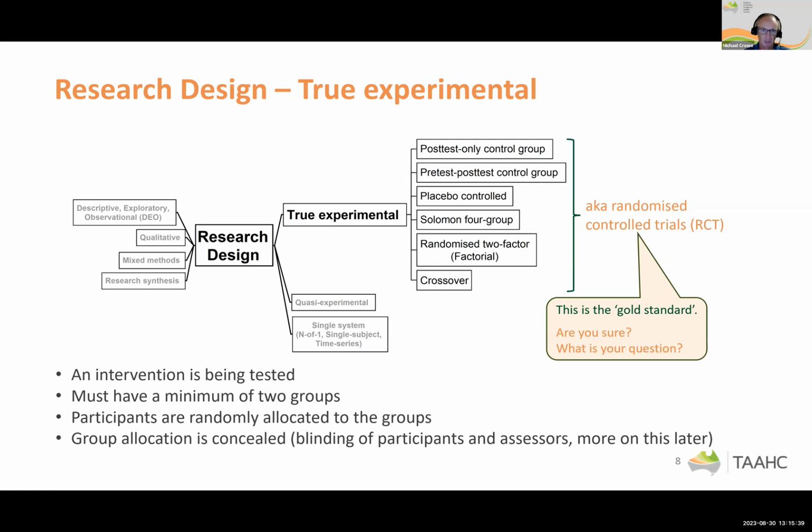Some things with randomized controlled trials are that there has to be an intervention or some sort of treatment that's under the control of the researcher, so that they can give one group the intervention and the other group gets usually normal treatment rather than a placebo. So you have to have a minimum of 2 groups. It's absolutely vital. If you don't have 2 groups, you can't be doing a randomized controlled trial, basically.